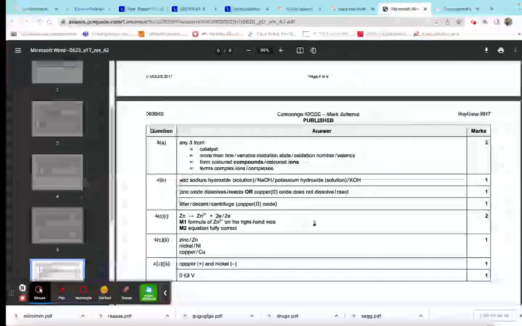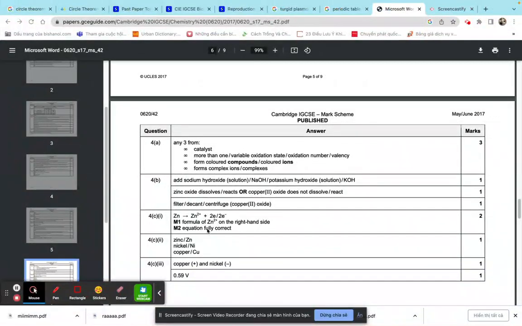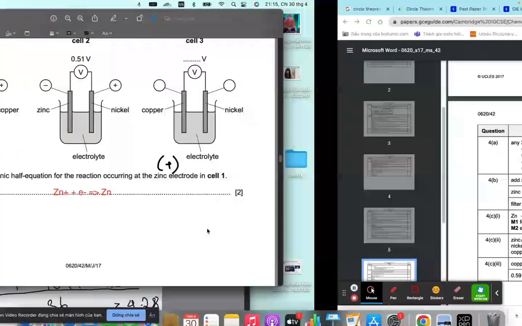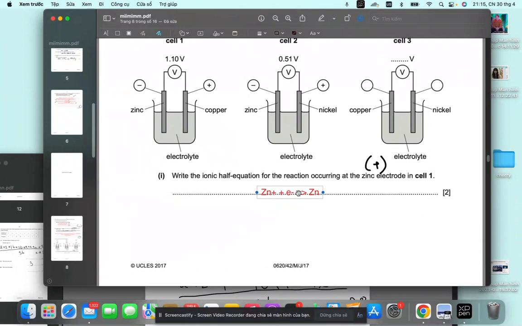Let's check our answers. Oh no, it's not the right one. Oh, it has to be on the right hand side. Okay, so this is the cathode, the anode.